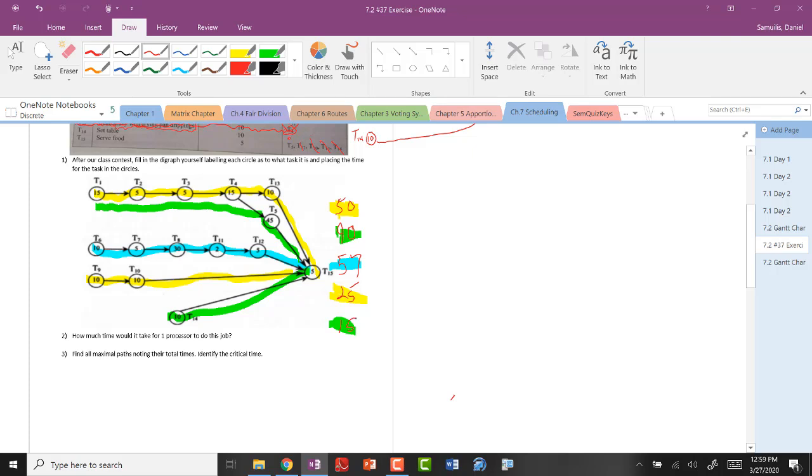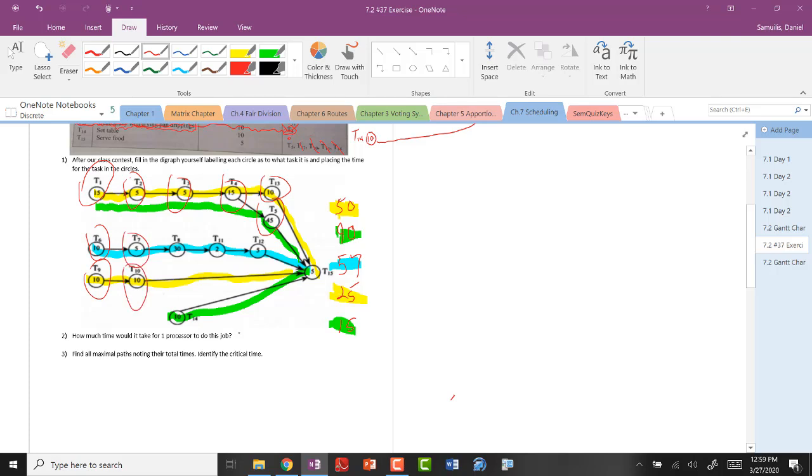How much time would it take for one processor to do this job? Well, if you had one processor, they'd have to do this, then they might be able to do this, then this, then this, then this, then this. Oh, then they got to stop, because they can't serve the dinner because they haven't done this yet. They haven't done this. Then they have to do this. I think you get the point.